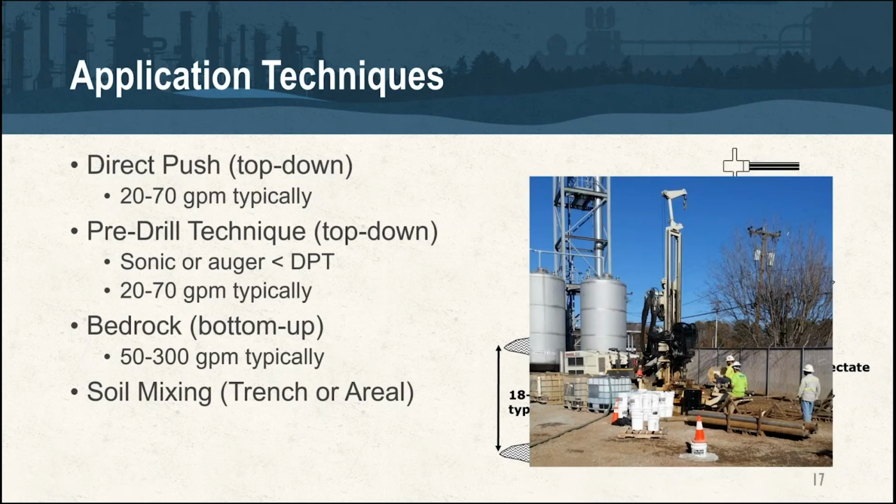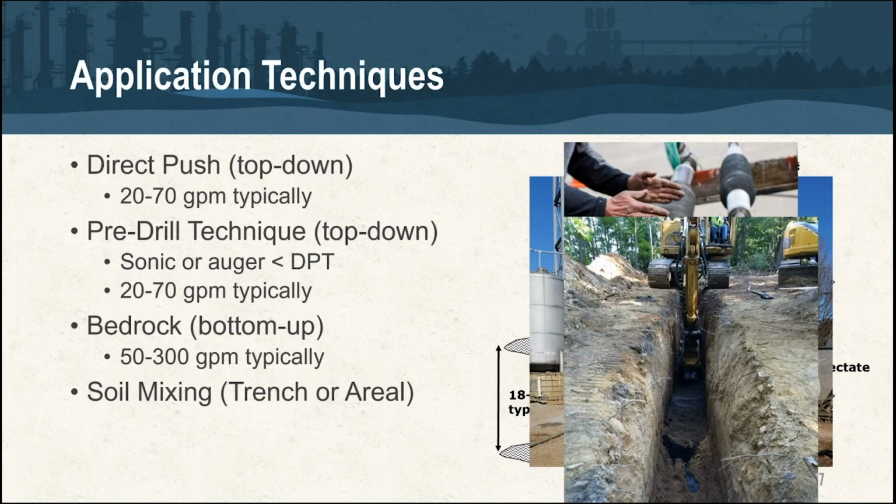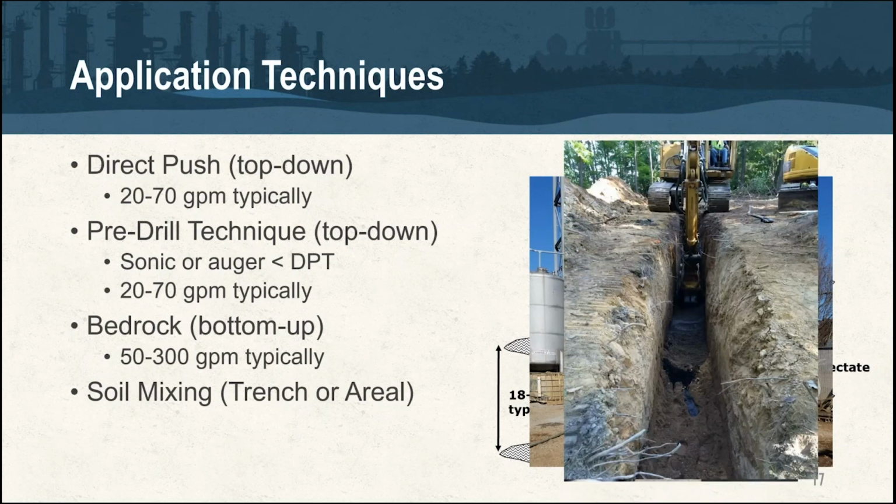There's just a photo of the pre-drill process using a sonic rig. Those are the packers. Those are some custom packers that we had built that we'll be discussing in the Bedrock webinar. And then lastly, here's an example of a shallow trench where BOS was applied with sand.